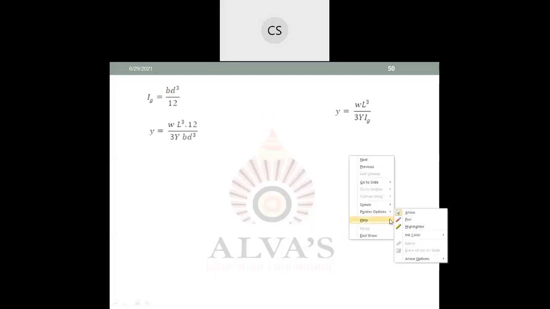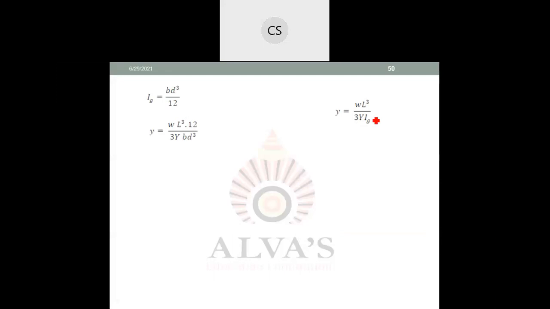When you substitute for Ig, y is equal to W into L cube as such, divided by 3Y. You are substituting for Ig. What is the Ig value? bd cube by 12. So if you substitute bd cube by 12, what do you get?